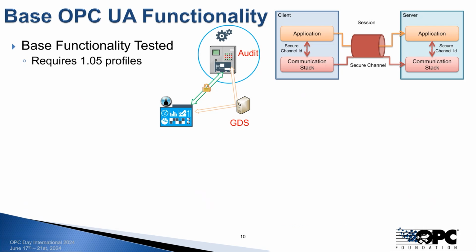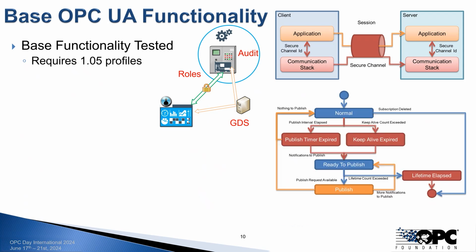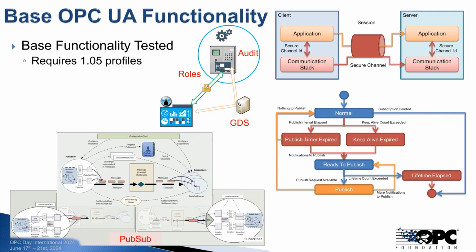We also test auditing because controllers are required to be able to generate audit events. We check security as in roles. This is beyond just standard establishment of communications. Part of the other profiles that are included is the standard subscription profile. So we test how you subscribe to things. And then, of course, pub/sub is the nature of communication.